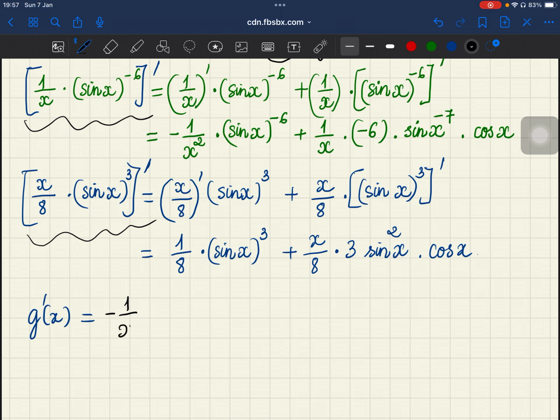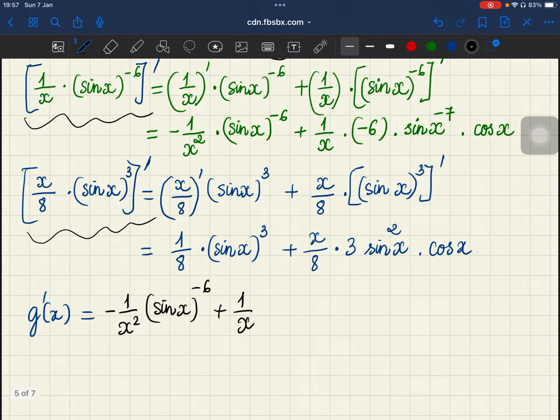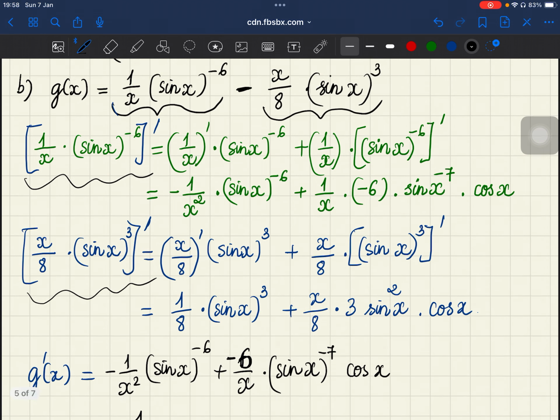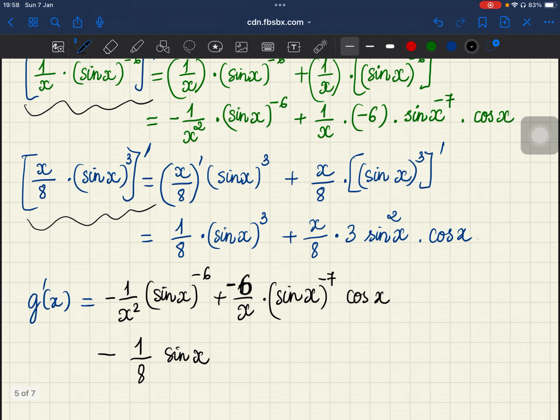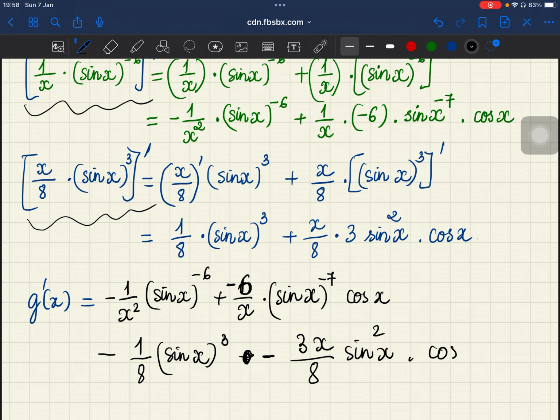Negative 1 over x squared sine x to the power negative 6 plus, you can just put negative 6 here, it's okay, multiplied by sine x to the power negative 7 cosine x, minus 1 over 8 sine x to the power 3, minus 3x over 8 sine x squared multiplied by cosine x.